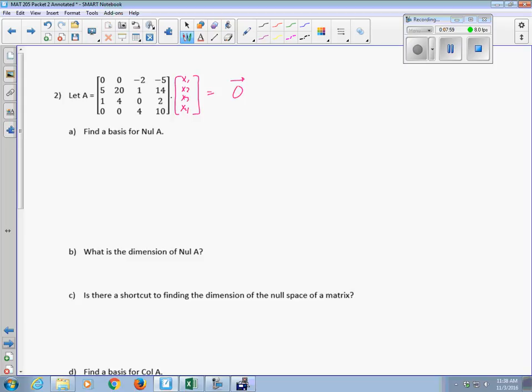So you take A and you augment with 0 to solve this thing. I'm not going to copy this whole thing down. So you augment with 0 and you're going to end up with 1, 0, 0, 0, 4, 0, 0, 0, 0, 1, 0, 0, 0, 0, 1, 0, augmented with your zeros.